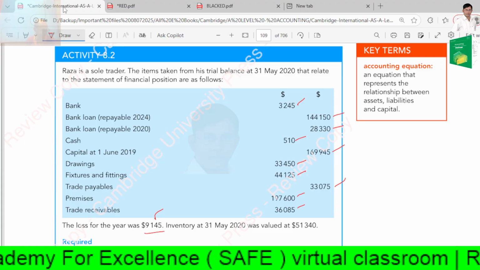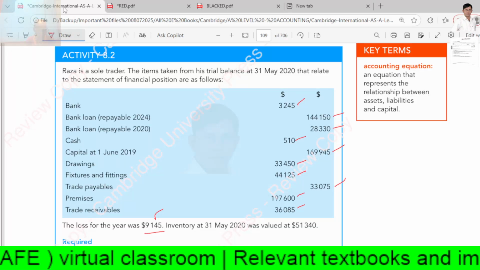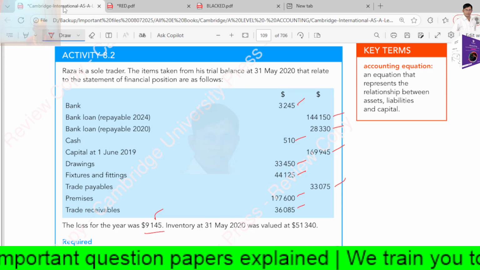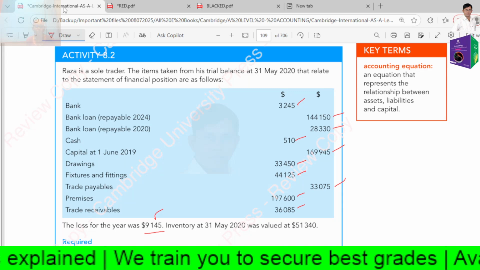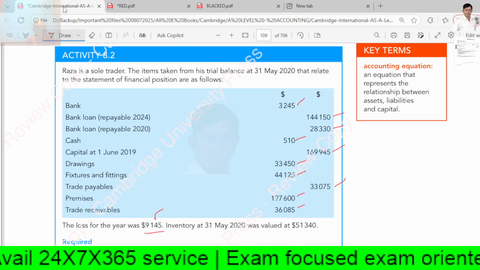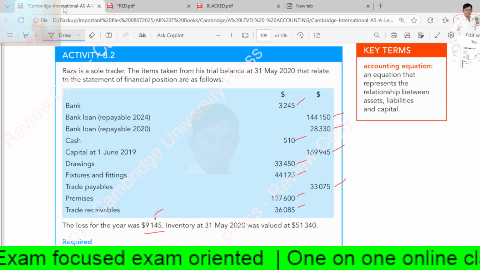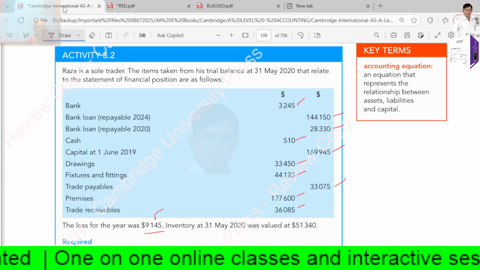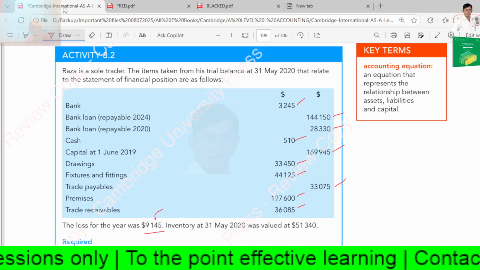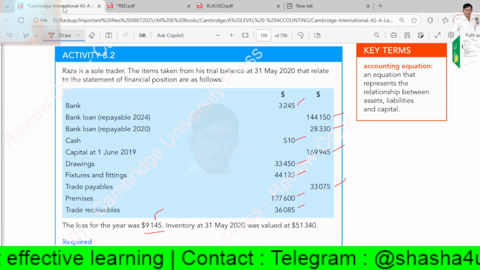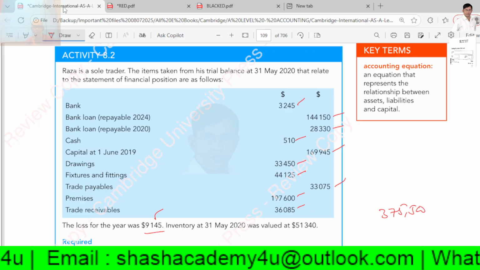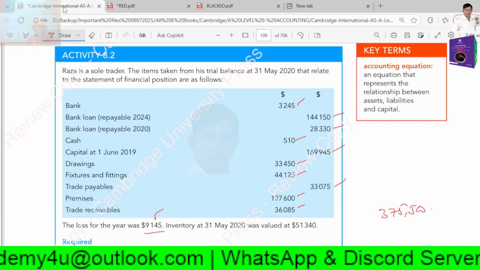So let us check: 144,150 plus 28330 plus 169,945 plus 33075, so 375,500 on this side. So these are the credit balances.